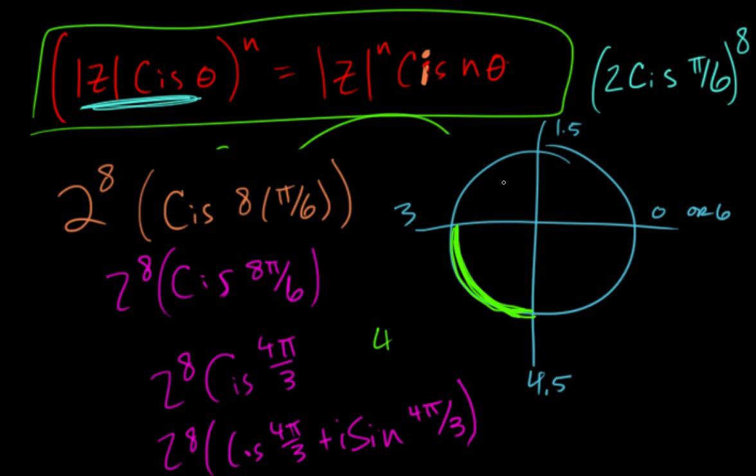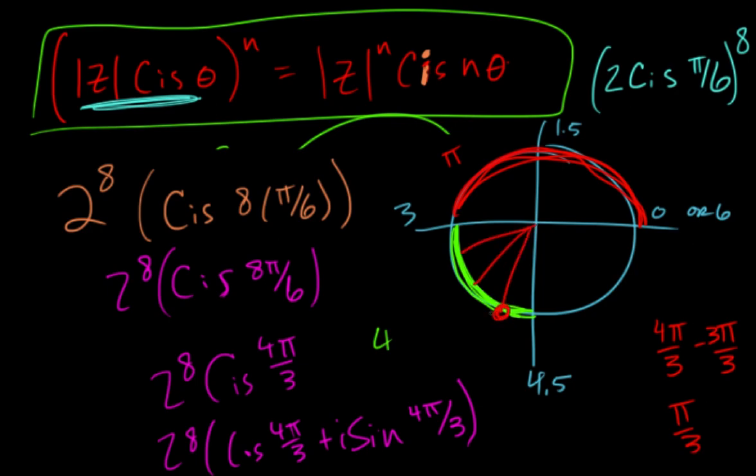Now what I'm going to do is subtract out all the quadrants before it, so those quadrants are represented by pi, and so if I take 4 pi/3, subtract pi, get common denominators, that's going to be pi/3, and so pi/3 is our third tick mark, and so that's where 4 pi/3 is.